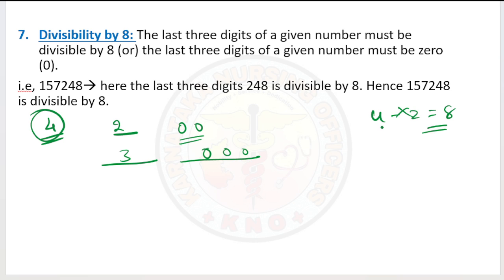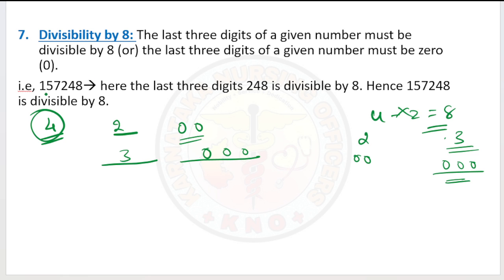So for 4, we have to look at 2 digits and 2 zeros. And for 8, we have to look at the last 3 digits and last 3 zeros of the given number. Understood?